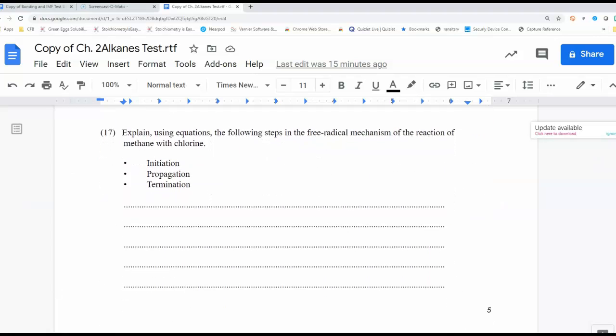Explain using equations the following steps in the free radical reaction of methane with chlorine. Okay, so our first step, our initiation step, has to be the breaking of the chlorine bond.